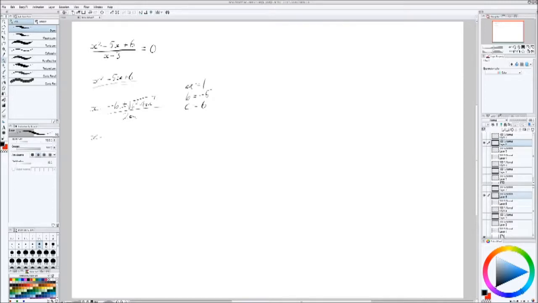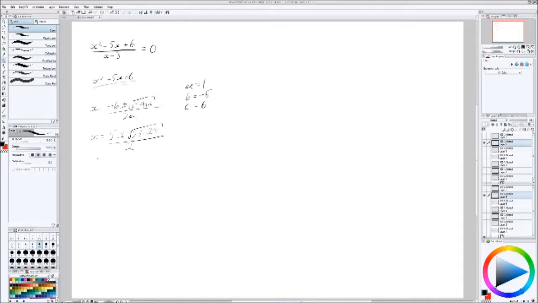So we have x equals 5 plus minus the square root of 25, and then we have 4 times 1, which is 4, times 6, which is 24. Yeah, 4 times 6 is 24, all over 2 times 1.